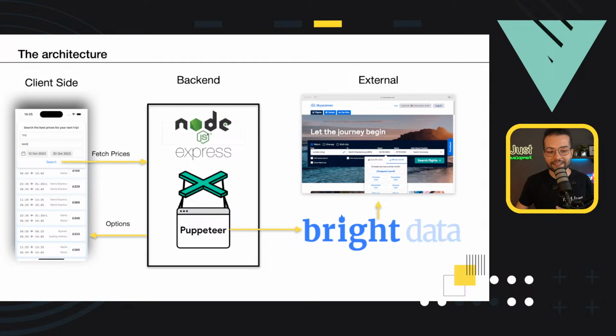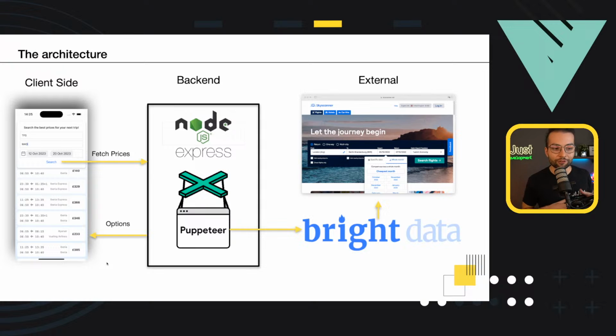And when we fetch prices, we actually trigger our scraper job that will use Puppeteer, connect through BrightData to a browser, and will go ahead and navigate automatically to some websites like Skyscanner, Kayak, Google Flights, travel.com, or any other websites that show information about flight prices. We'll do the search, and then we'll extract the data that we need and give it back to render and display it in our client side.